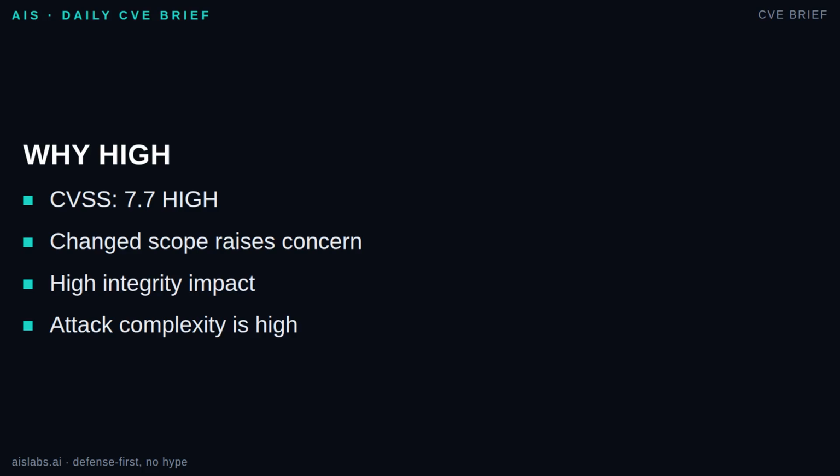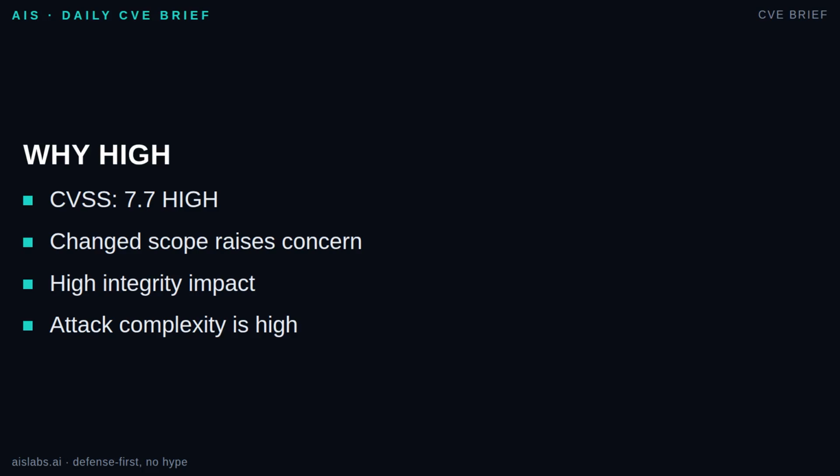The CVSS score is 7.7, rated high. The two metrics to pay attention to are scope changed and high-integrity impact. Scope changed means exploitation can affect something beyond the vulnerable component's normal security boundary. In operational terms, that raises the concern from just a local database library issue to a broader application impact issue.